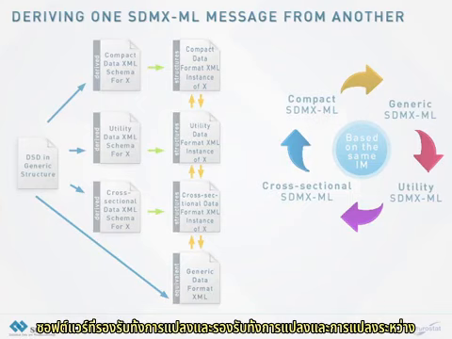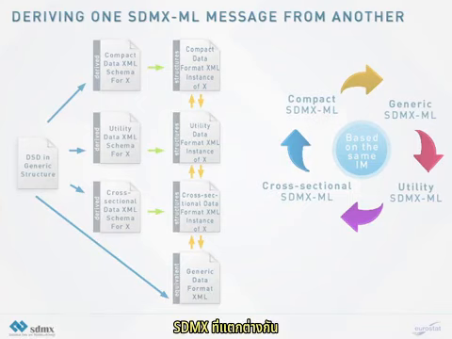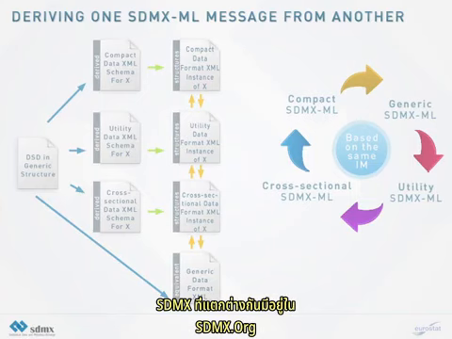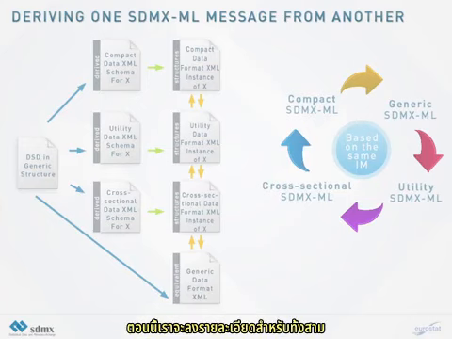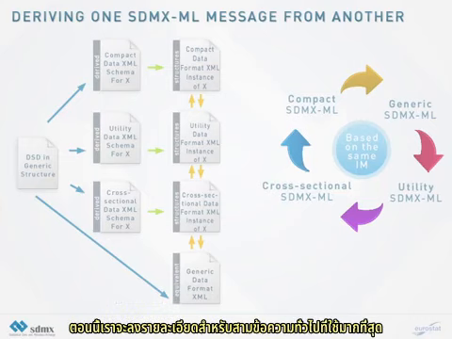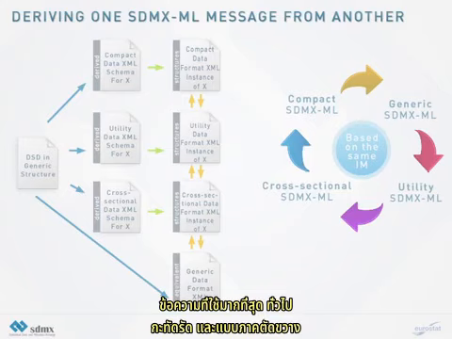SDMX tools and software that support both transformations and conversions between the different SDMX message formats are available on the sdmx.org website for free. We will now go into detail for the three most used messages: generic, compact, and cross-sectional.